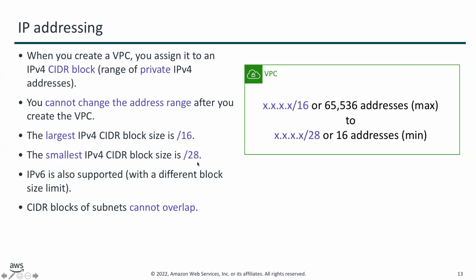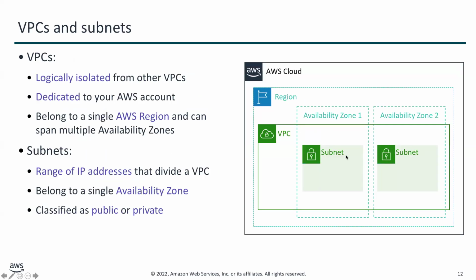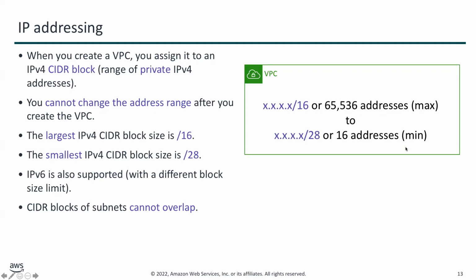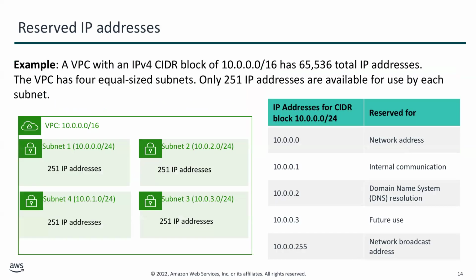IPv6 is also supported, with a different block size limit, but a lot of people do not use IPv6 anyway. CIDR blocks of subnets cannot overlap. If you have created 2 subnets, they should have separate IP ranges. We'll see what that means exactly later.